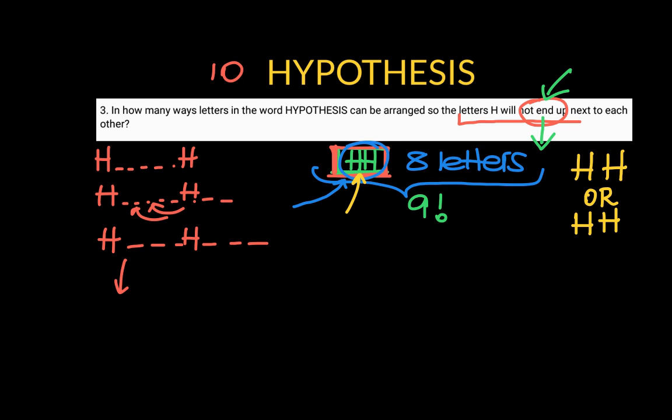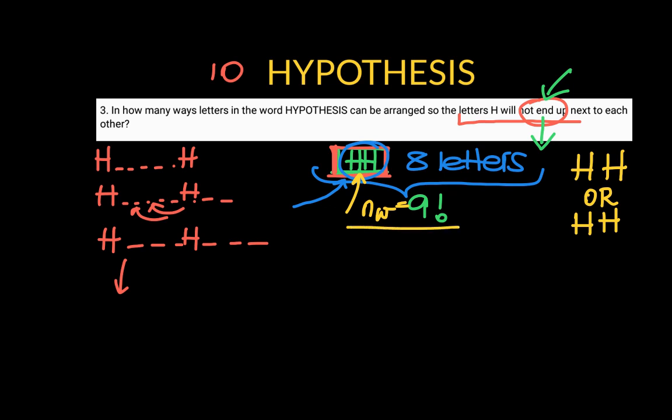So we don't have times 2 factorial here because the letters are identical. Therefore, the number of ways in which I can arrange it so the letters H are always together is 9 factorial ways. I hope you can get that.